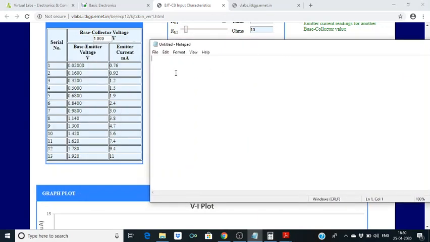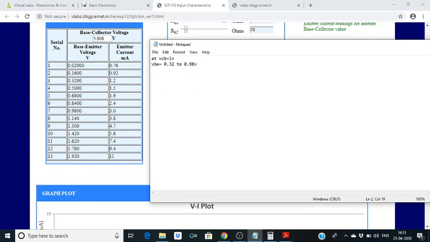We are making VCB constant equal to 1 volt, and VBE is changing from, suppose, 0.3 to 0.98 volt.